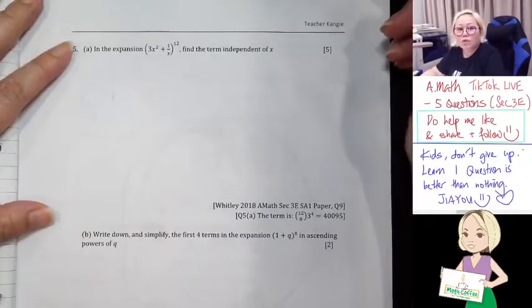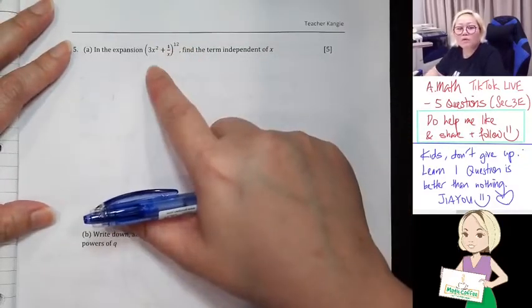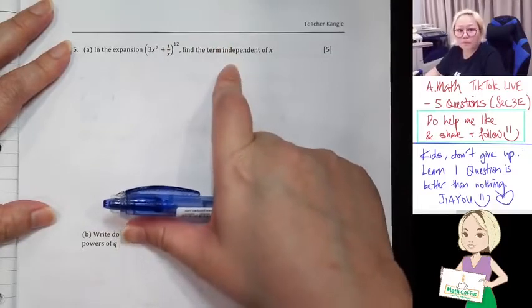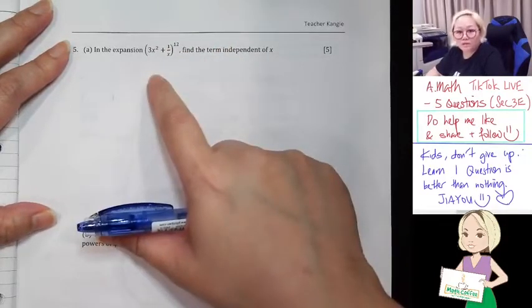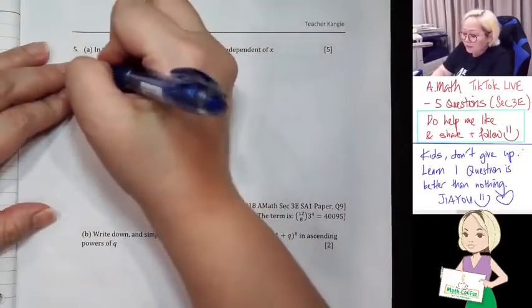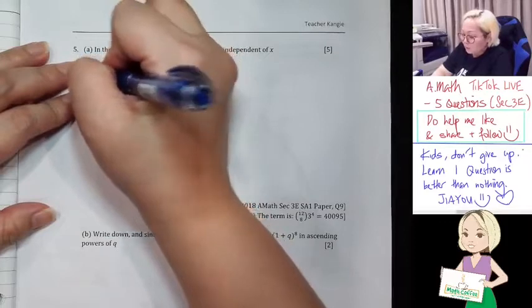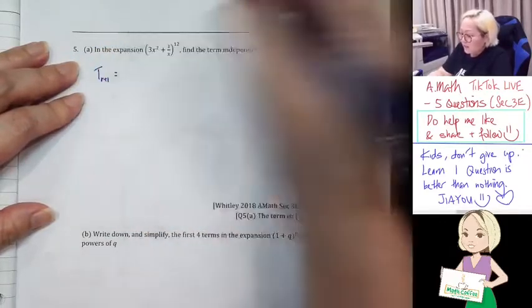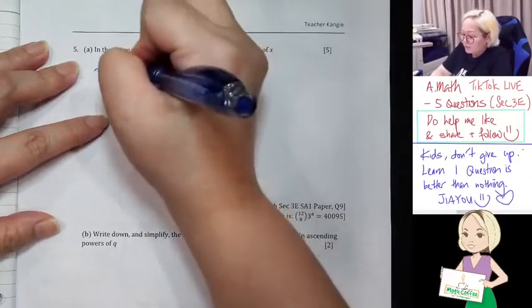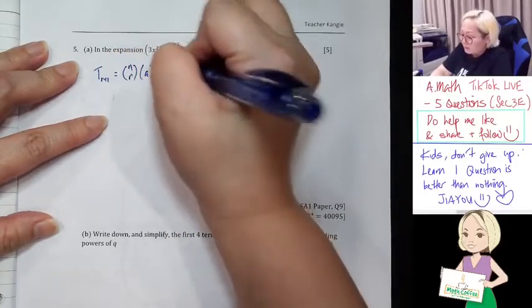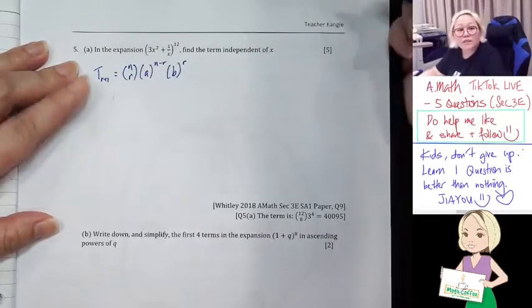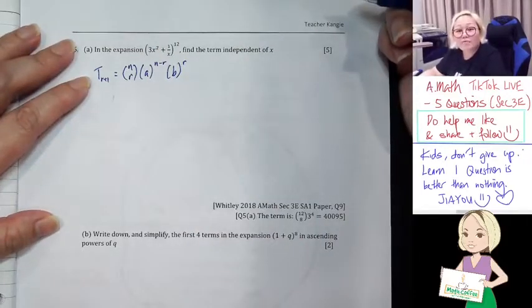When you are required to find a particular term, all you need to do is use the general term formula. The general term formula is T(r+1) = nCr a^(n-r) b^r. Write the formula first.